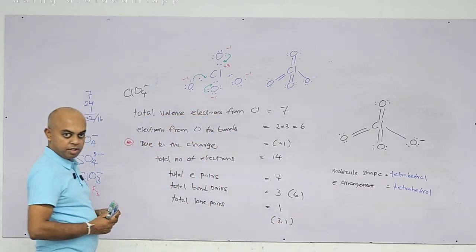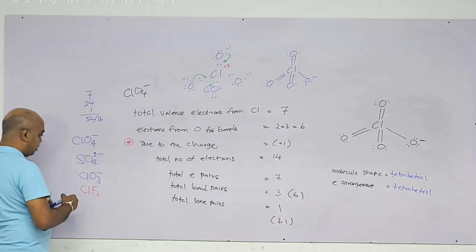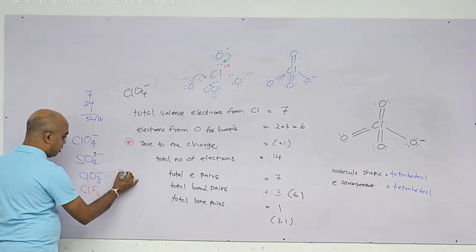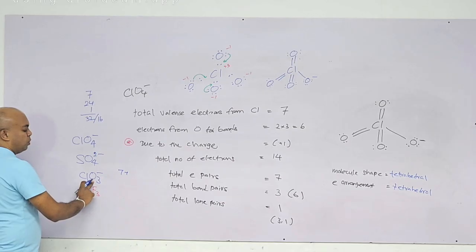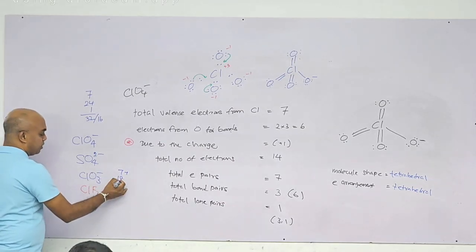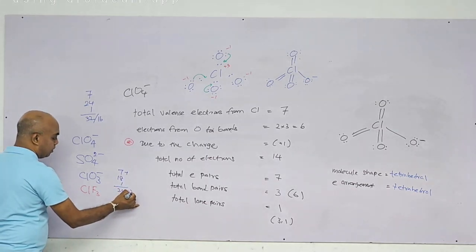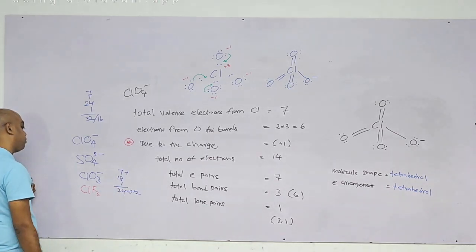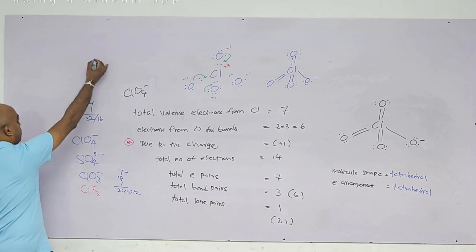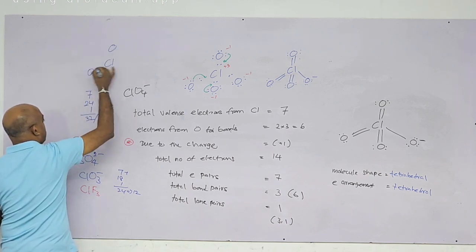Then our Lewis structure. In the Lewis structure, we have to take 7 plus 6 into 3, that is 18. 18 plus 1, that is altogether 24. This is 12. Then we will have chlorine, oxygen, and oxygen.